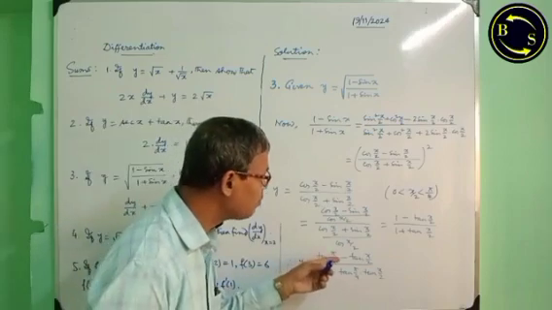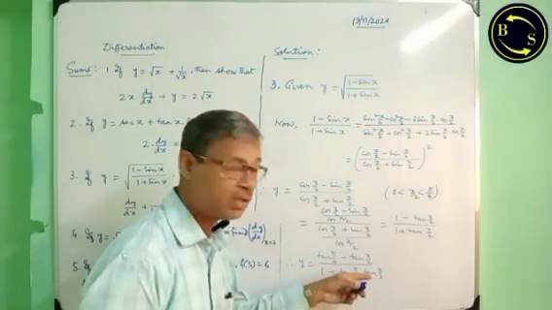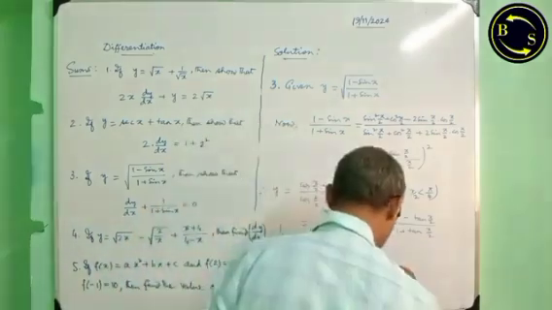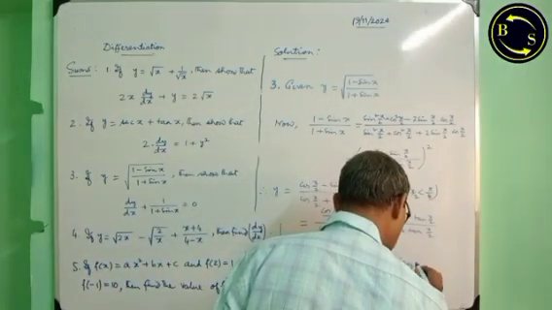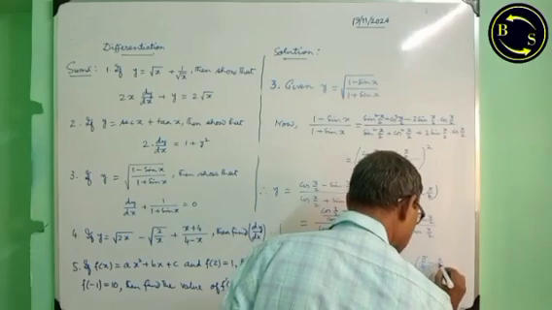Means tan alpha minus tan beta by 1 plus tan alpha tan beta. That means tan of pi by 4 minus x by 2.